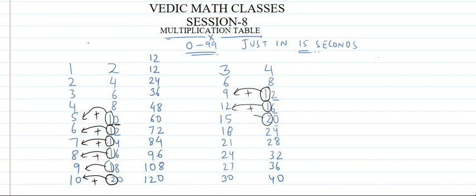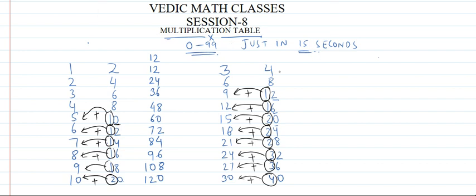Likewise, this 2 I will add to 15. This 2 I will add to 18. This 2 I will add to 21. This 3 will be added to 24. This 3 will be added to 27. And this 4 will be added to 30. So with this, we'll be able to write down the final answer.